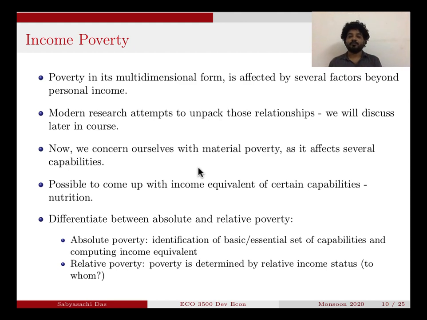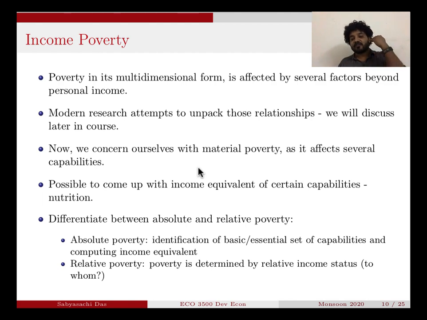So what is absolute poverty? So absolute poverty is the income equivalent of the list of essential set of capabilities that you need to attain in order to live any healthy life. So again, think in terms of nutrition.